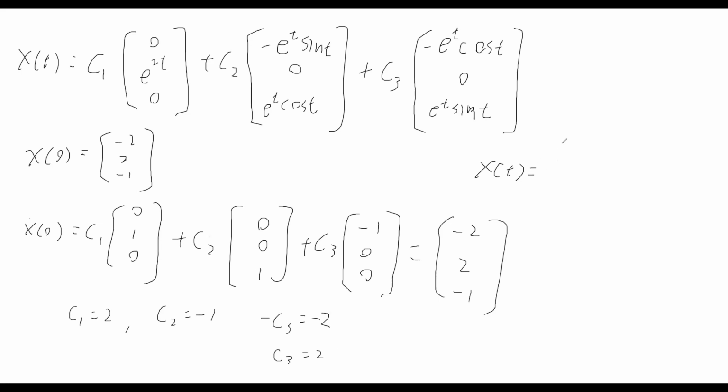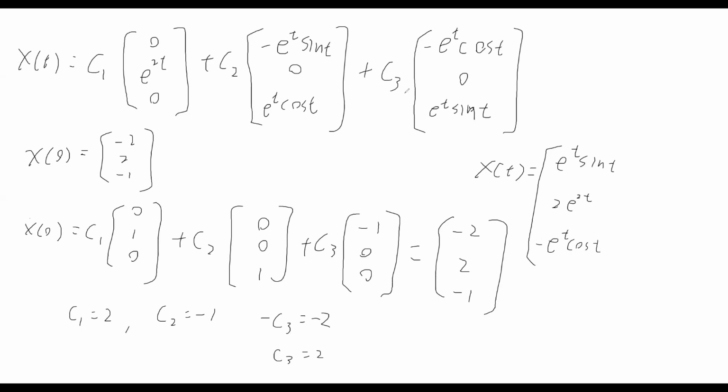All right, so we have 2e^(2t). Right, make it a little bigger. The first one only gives us the middle term, so this is 2e^(2t). And then C2 is -1, so here we have e^t sin t, and then negative e^t cos t.